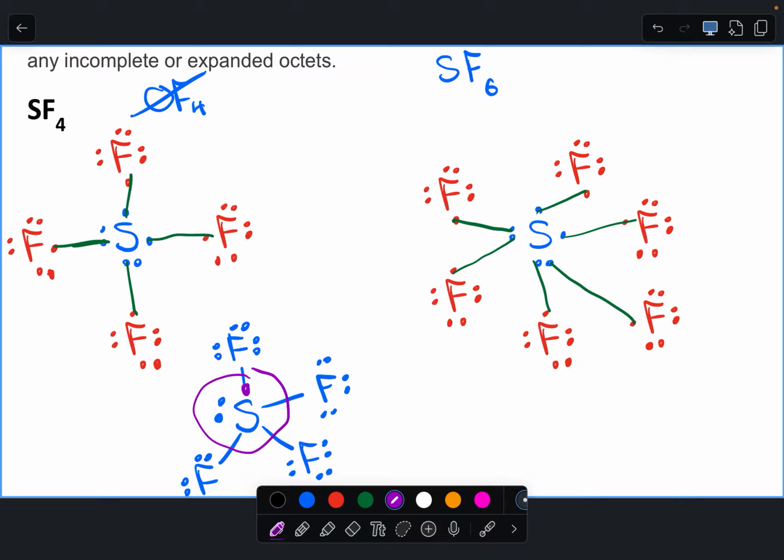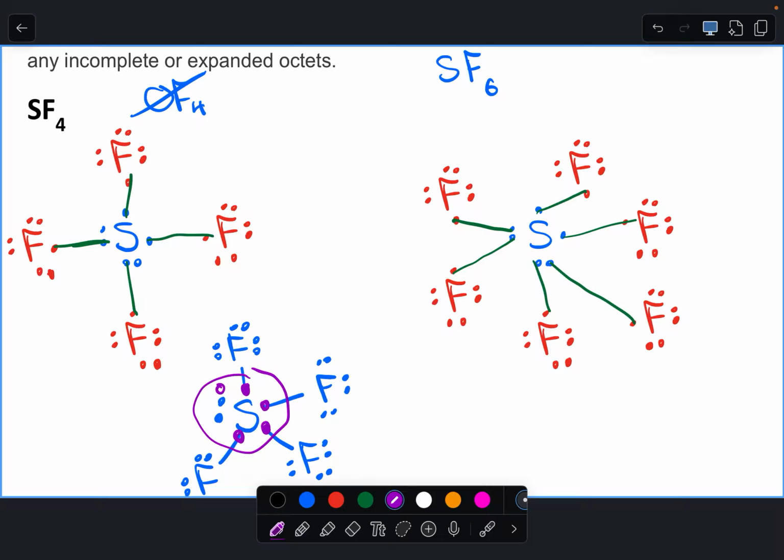Remember, we only count the electrons that are immediately surrounding the atom, not the entire bond. So sulfur started with 6, and now it has 1, 2, 3, 4, 5, 6. So this is apparently a stable form of bonding that sulfur can have that still gives it that 0 formal charge.